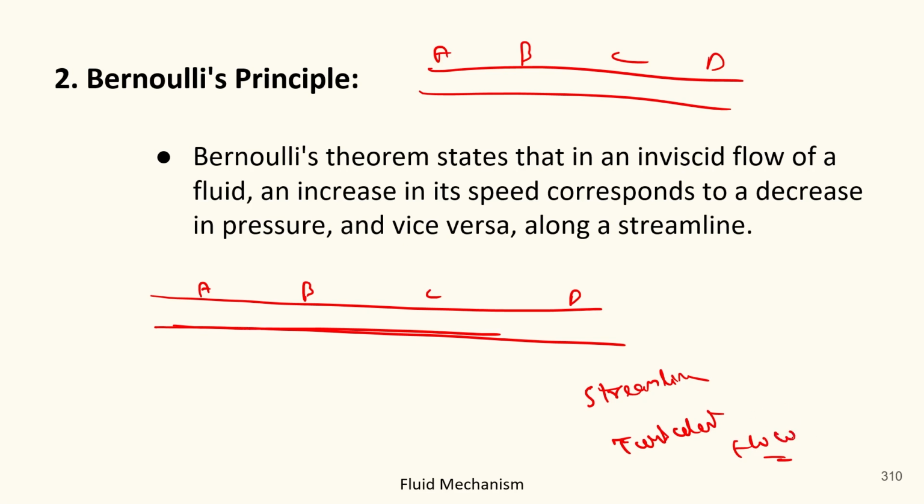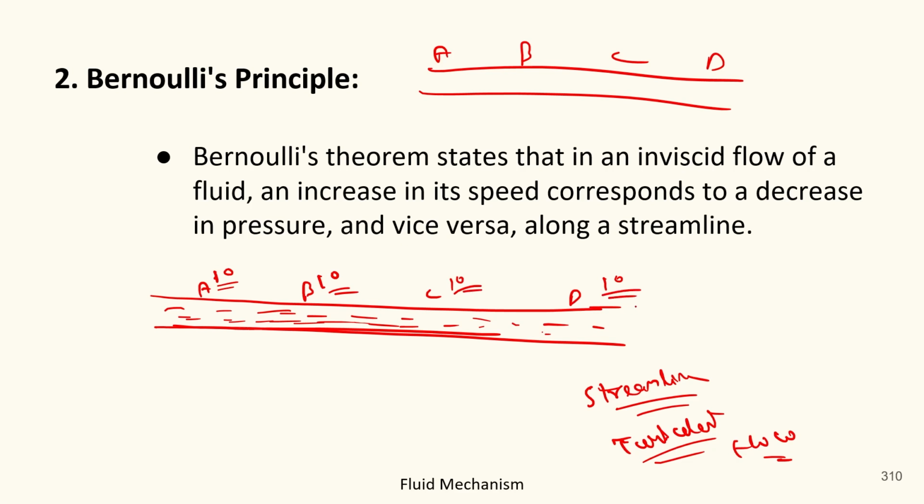During streamline flow, the flow of water will be equal at every point of the pipeline. Like at point A it is 10, point B it is 10, point C it is 10, point D it is 10.